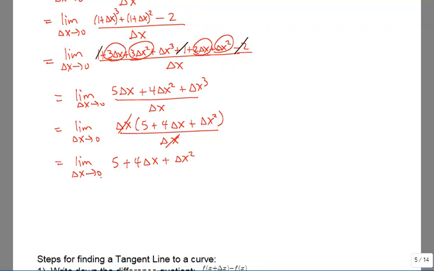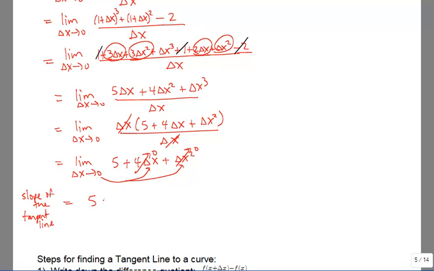And we're going to be plugging in 0 for these two delta x's. So this will go to 0 and this will go to 0, leaving me just 5. And what did we just figure out? This 5 is the slope of the tangent line.